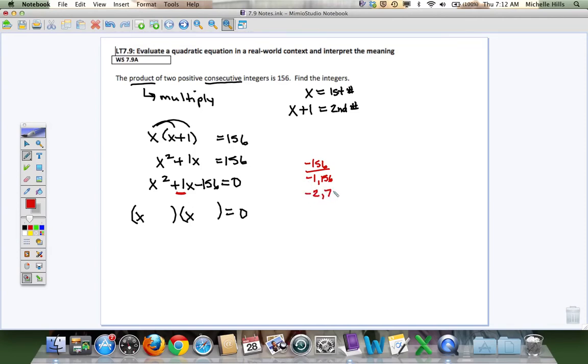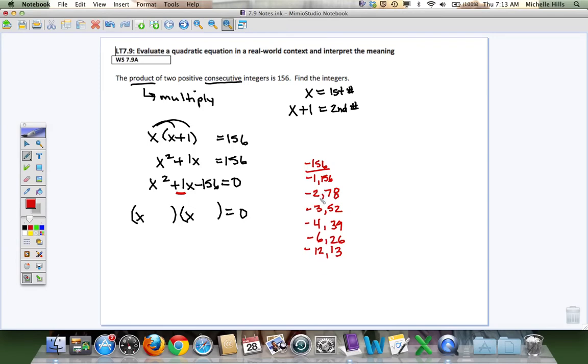2 goes into 156 78 times. 3 goes into 156 52 times. Again, the sum is a positive 1, so I keep going. 4 goes into 156, let me see, 39 times. 5 won't go in there. 6 will go into 156, let me see, 26 times. 7 won't, 8 won't, 9 won't, 10 won't, 11 won't, 12 will go into 156 13 times.